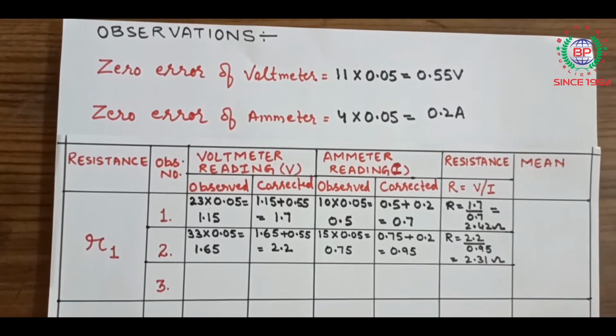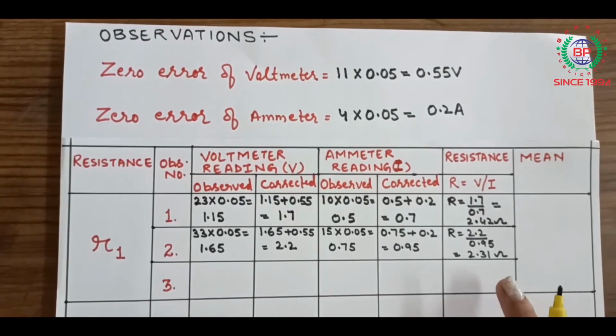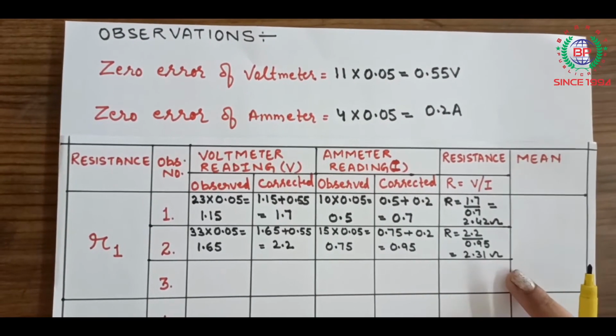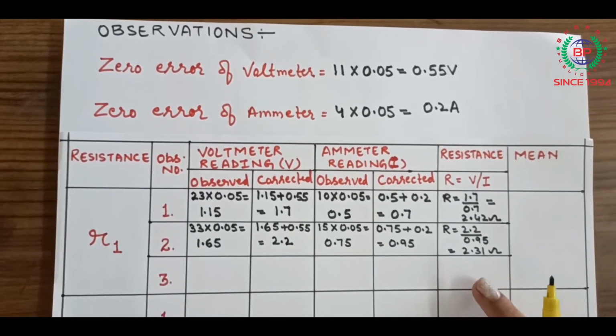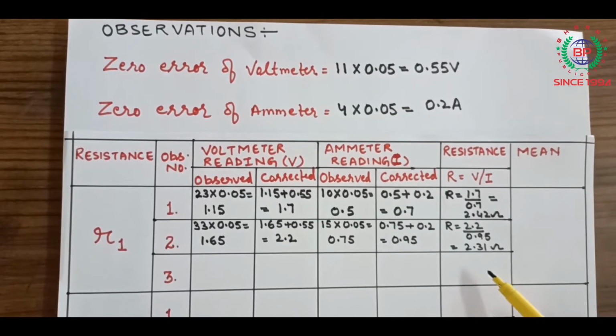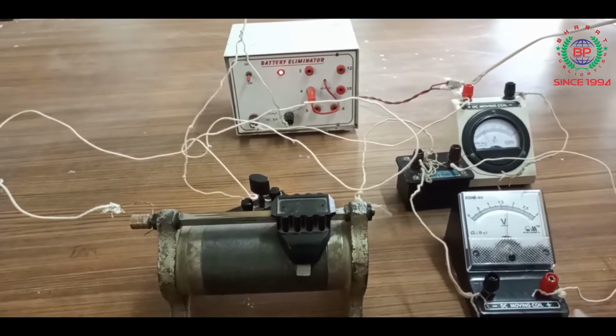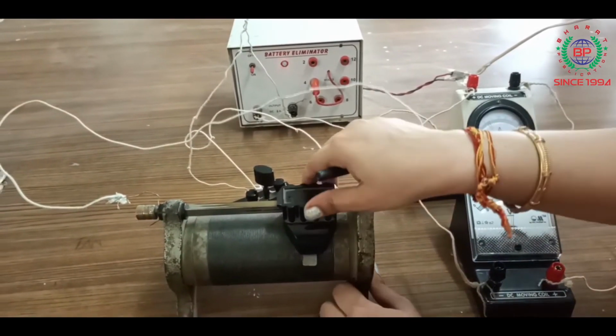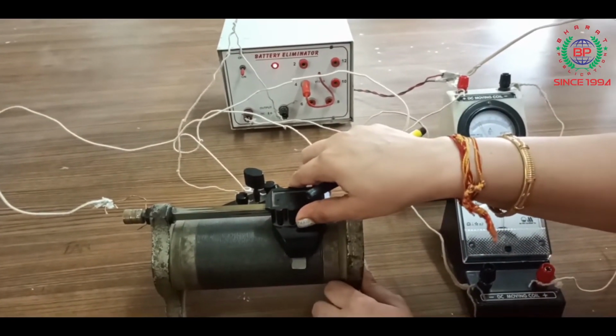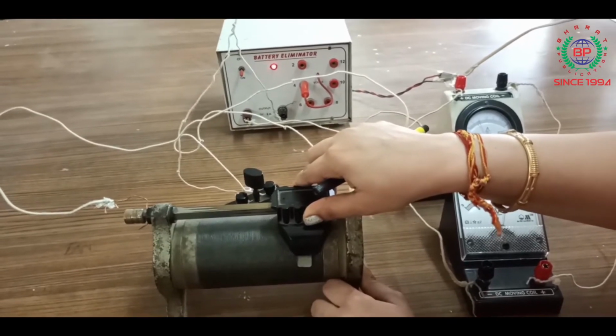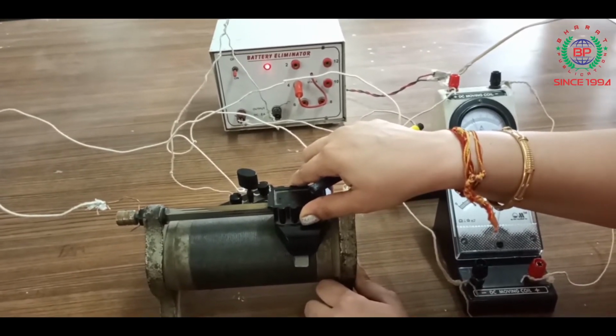Now this is the calculation for the second observation, from which we have got the value of the resistance equal to 2.31 ohm. Now again I am adjusting the position of the rheostat to get a value on the ammeter.